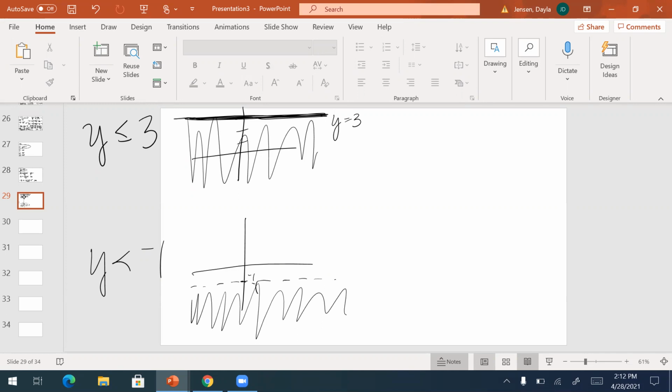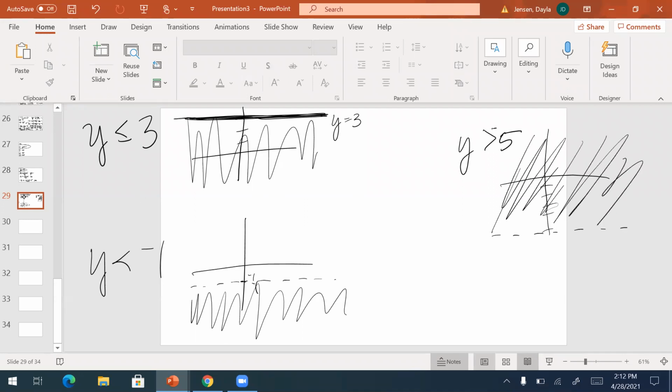What about y greater than -5? Here's -5, 1, 2, 3, 4, 5. This one's going to be dotted because it's not equal. It's everything above that line, not including the line.